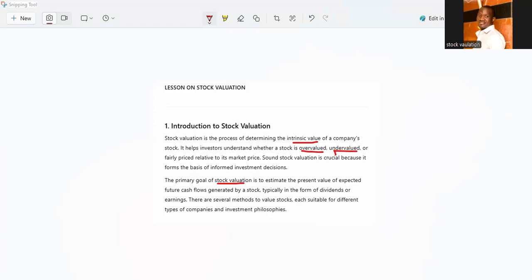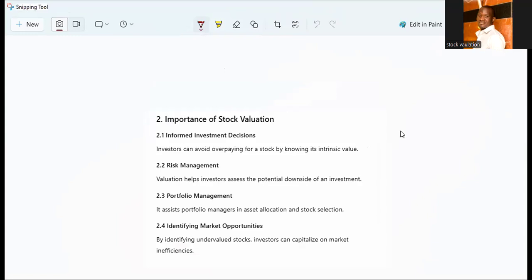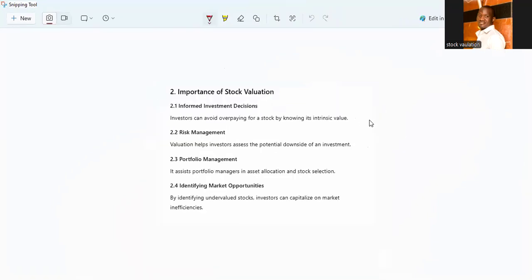Stock valuation is important for many reasons. Number one, it is important for making informed decisions as an investor. If you want to invest in stock, it will help investors avoid overpaying for stock, knowing their intrinsic value. Secondly, it helps in risk management because it helps investors assess the potential downsides of an investment.